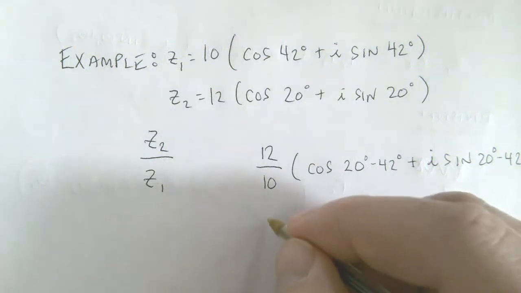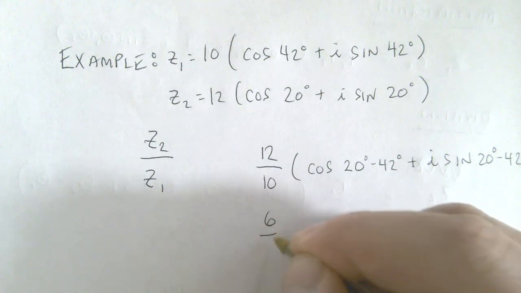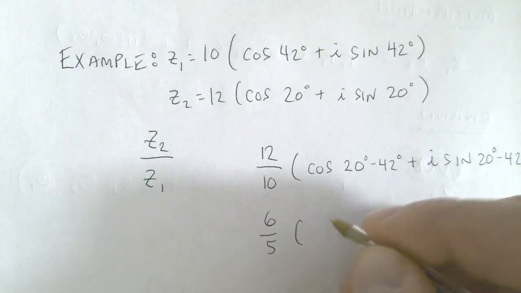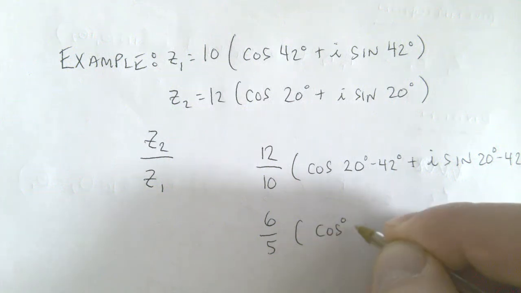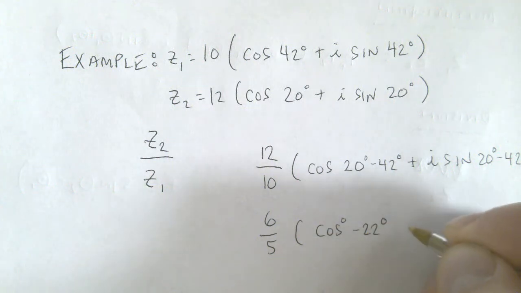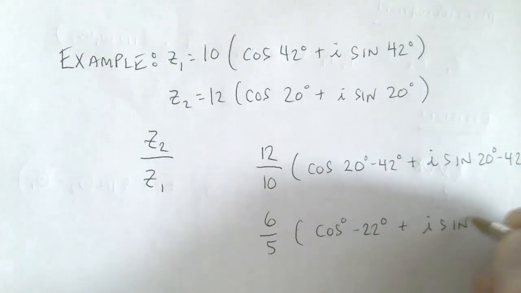Now if we simplify this, we get 6 over 5 cosine negative 22 degrees plus I sine negative 22 degrees.